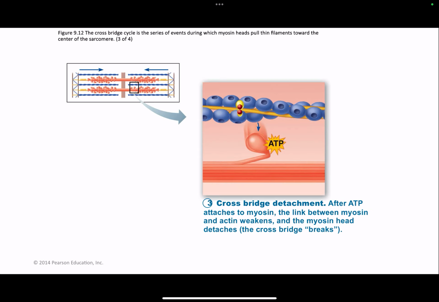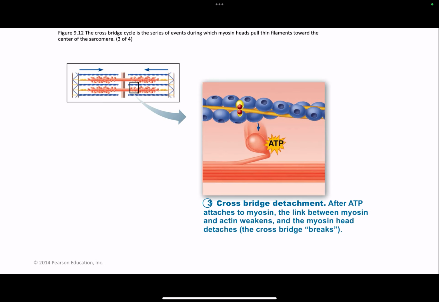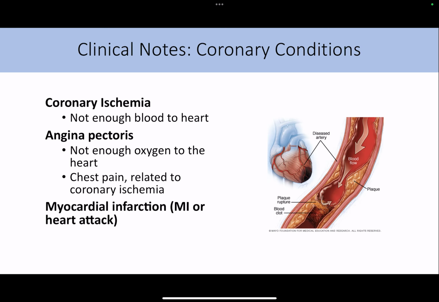So when heart cells, and remember that we need ATP in order to break the cross bridge between actin and myosin. Okay? So if we don't have the energy to separate those two, then they're going to stay together, and you're going to have that contraction be stuck, right? And so if you don't have enough oxygen going to the heart and that heart tissue dies and you lack ATP, you're going to experience a myocardial infarction or a heart attack where the heart does contract and get stuck in that position due to a lack of ATP and due to the death of those heart cells.